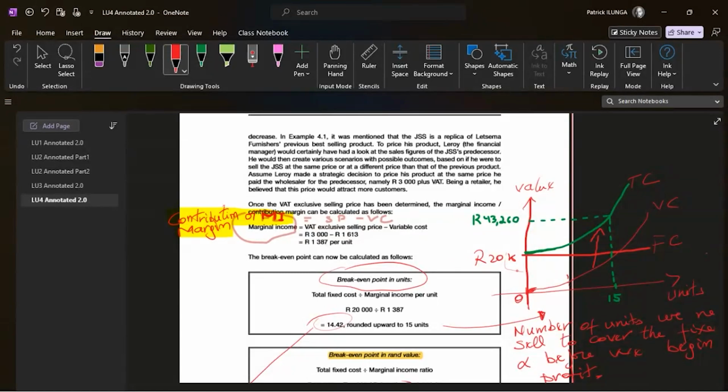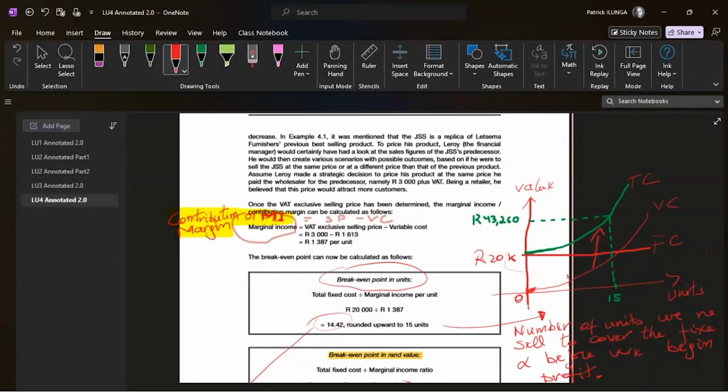All right, but our biggest issue was the 20K, which is the fixed cost. How are we going to find the break-even point per unit? We need to divide that by the marginal income. Remember, it is with your marginal income that you need to cover the fixed cost, because your other part, which is not marginal, which is your variable cost, goes to cover the variable cost.